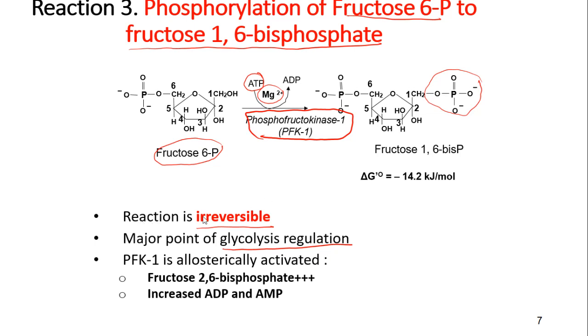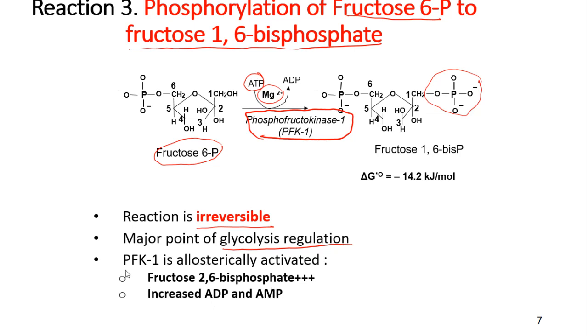Now, this enzyme, phosphofructokinase 1, is allosterically activated by fructose 2,6 biphosphate and also by increased ADP and AMP.